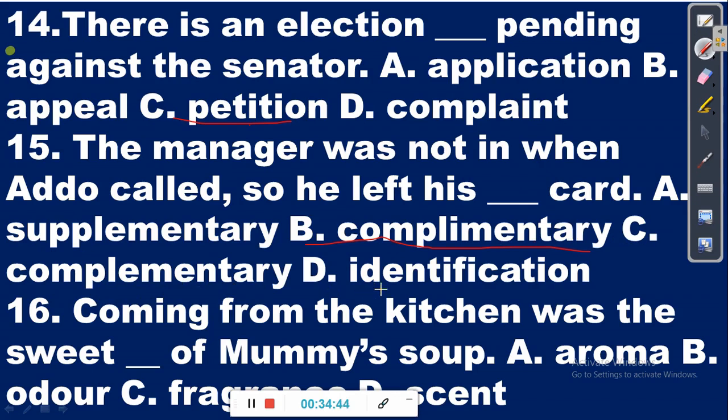Then D, identification. Obviously, you have an identification card, but an identification card is not the type you can leave in every office you visit, because usually you have just one ID card. It's called ID card. It's an identification card. If you have a national identification card, you don't leave it with anybody.